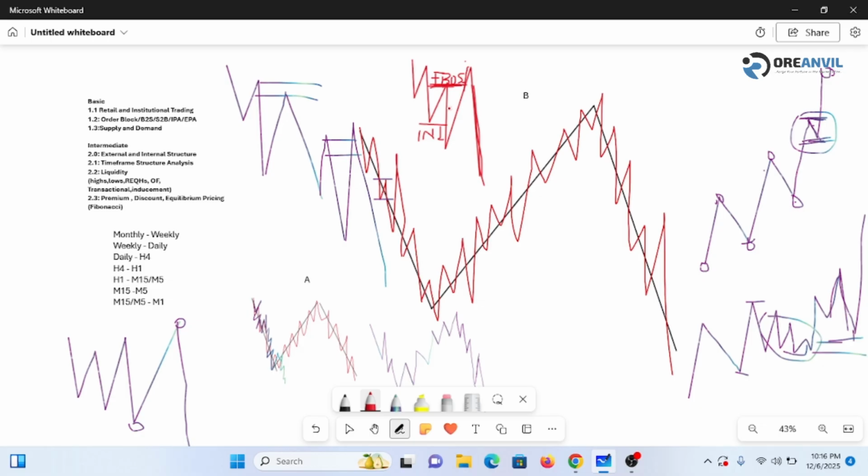Sorry, I'm supposed to put it. If this is a downtrend, then you have your inducement here. This is your inducement, fake BOS. We have our fake BOS, our inducement. Then continuation.